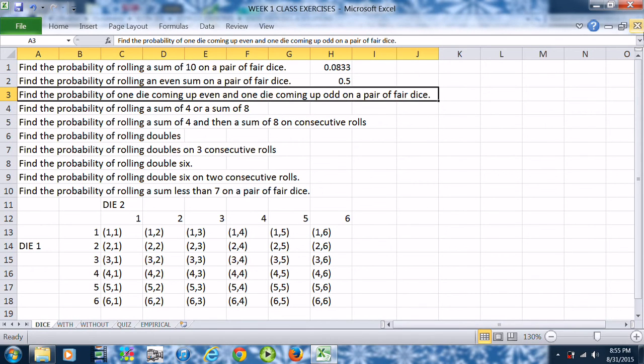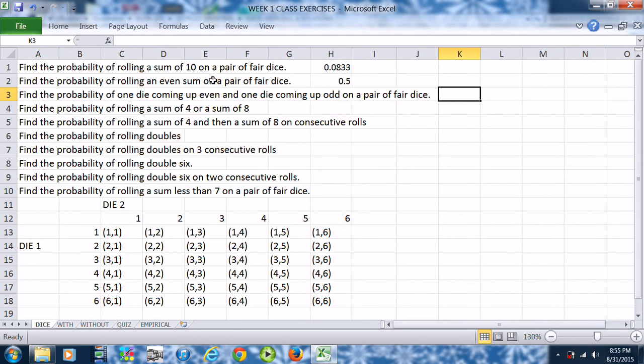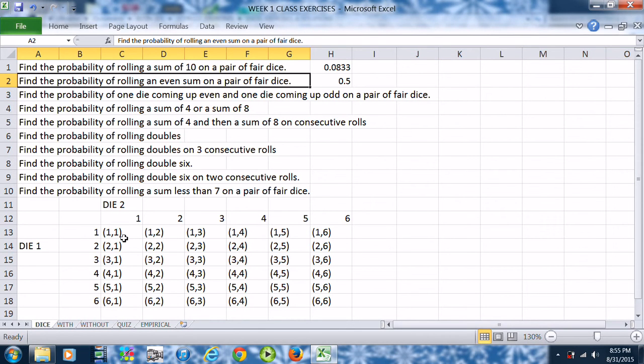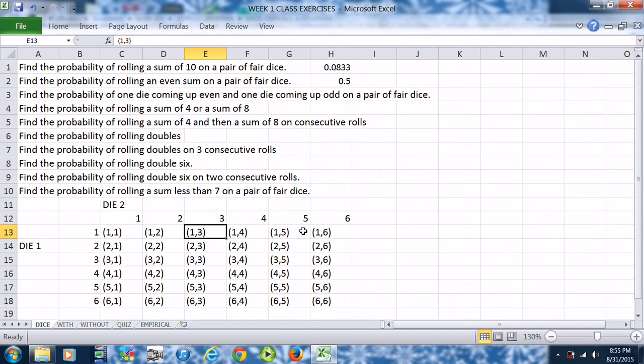Now let's find the probability of one die coming up even and one die coming up odd. When we were computing the probability of an even sum, note that we got even sums when both the dice had odd values, 1, 1, 1, 3, 1, 5, or when both dice had even values, 2, 2, 2, 4, 2, 6.